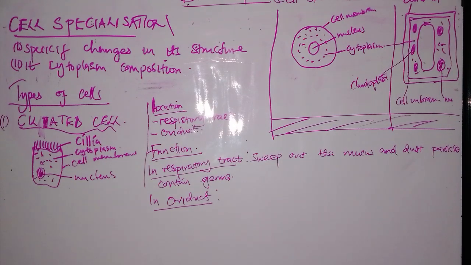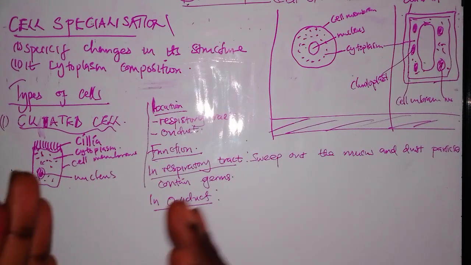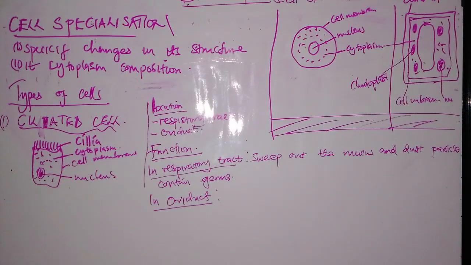In the oviduct, we know that there is an ovum, which is an egg. For that egg to be transported from the oviduct to the what? To the uterus, it has to be swept by what is known as the ciliated cell. So these are the two functions of the ciliated cell.